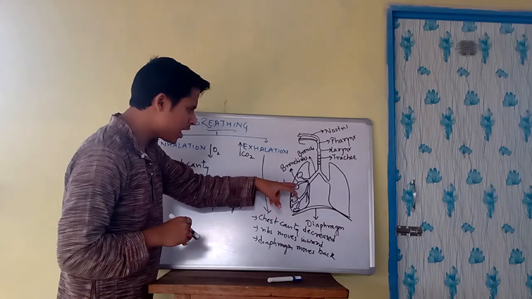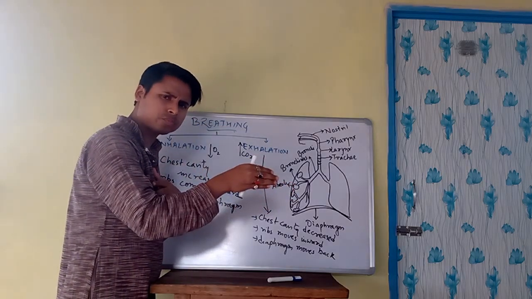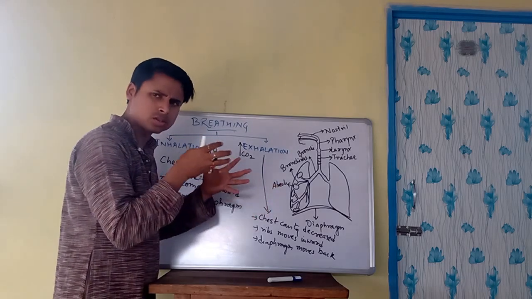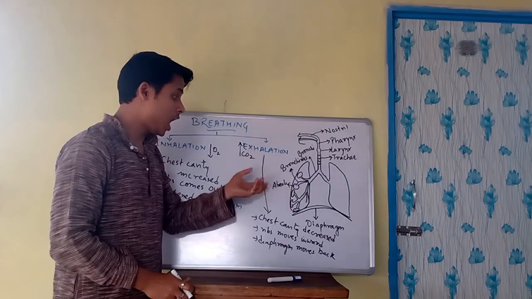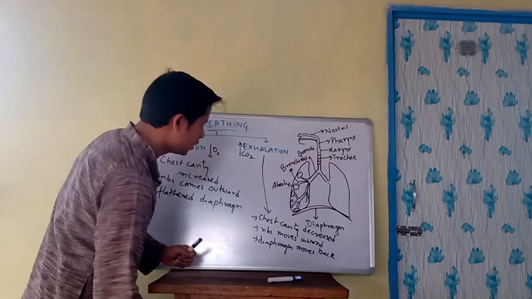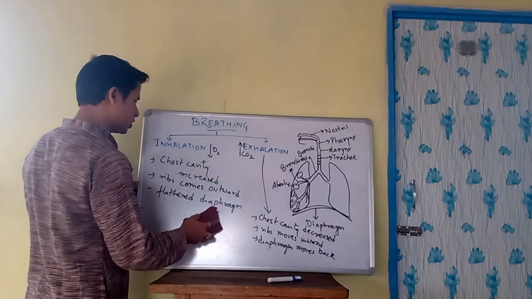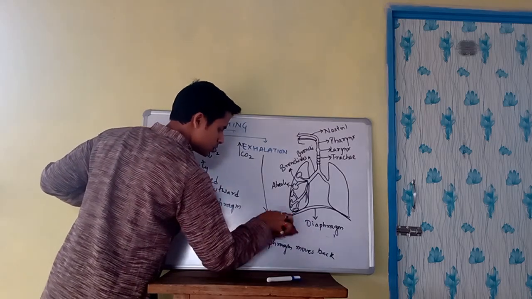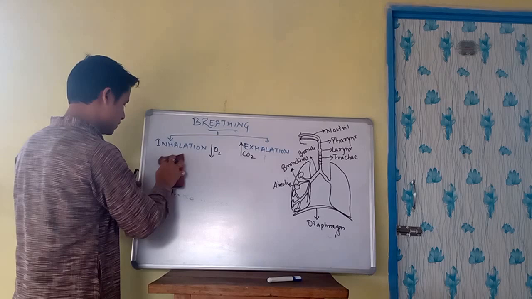But what happens in the alveoli? From the alveoli, how does oxygen go to the cell, because the oxygen has to reach the cell. How does it go to the cell, and how does carbon dioxide come into the alveoli, that we will see. If we make the alveoli structure broader, so that you will be clear how this process happens.